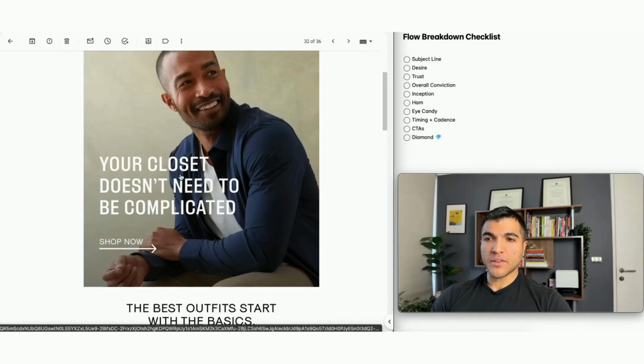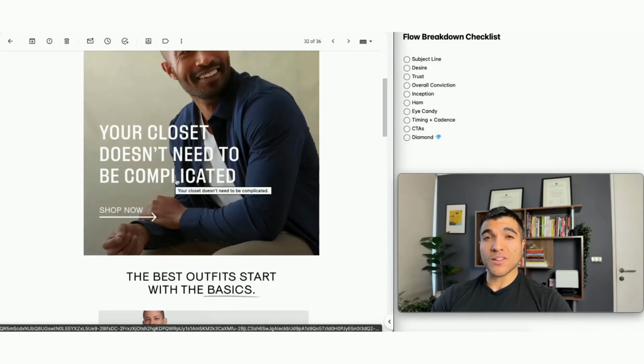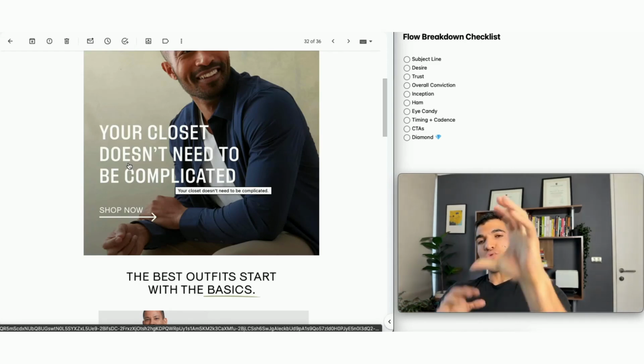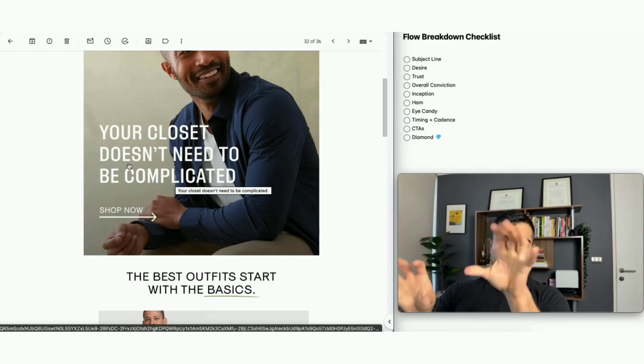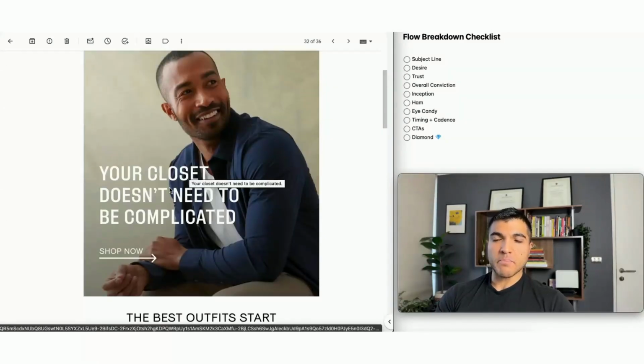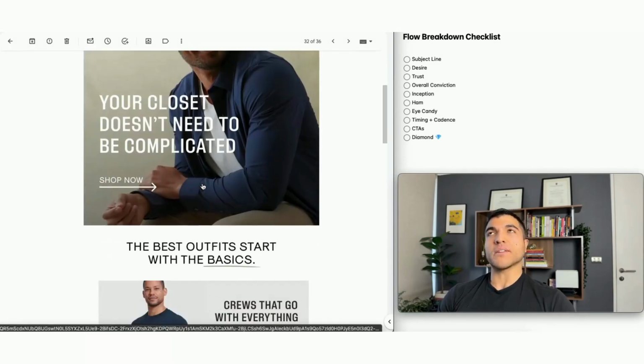but possibly they could have done a better job, let's say, by showing actual reviews from people who claim that now they get compliments since wearing True Classic, and all they did was purchase a pack or something like that. They have like 3 or 5 reviews, all talking about the same topic, and being part of this big idea that style doesn't need to be complicated, your closet doesn't need to be complicated.